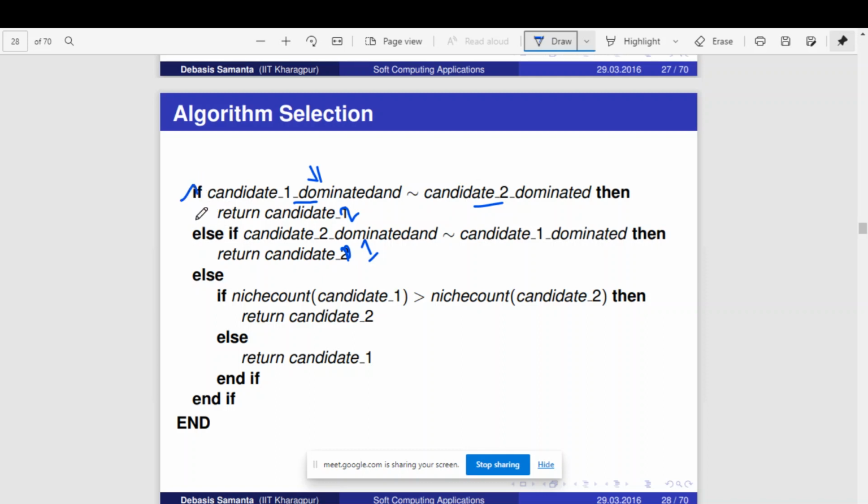If both these cases were not satisfied, then it means that either both of them are not dominated or both of them are dominating. In that case we have to identify the Naish count. So if the Naish count of candidate 1 is greater than the Naish count of candidate 2, then it returns.